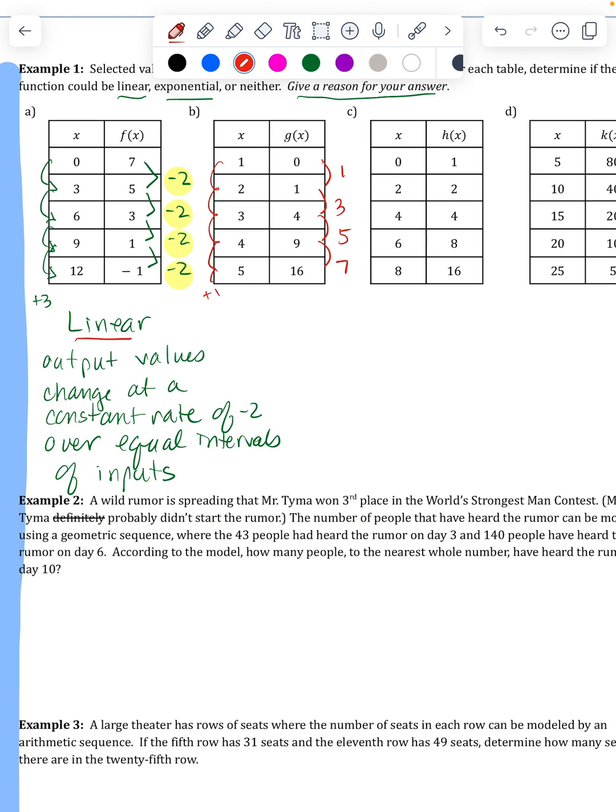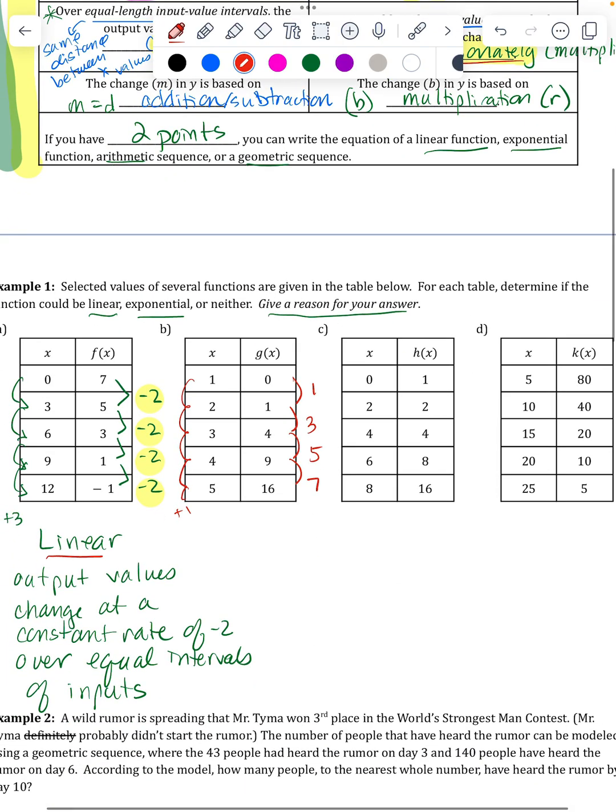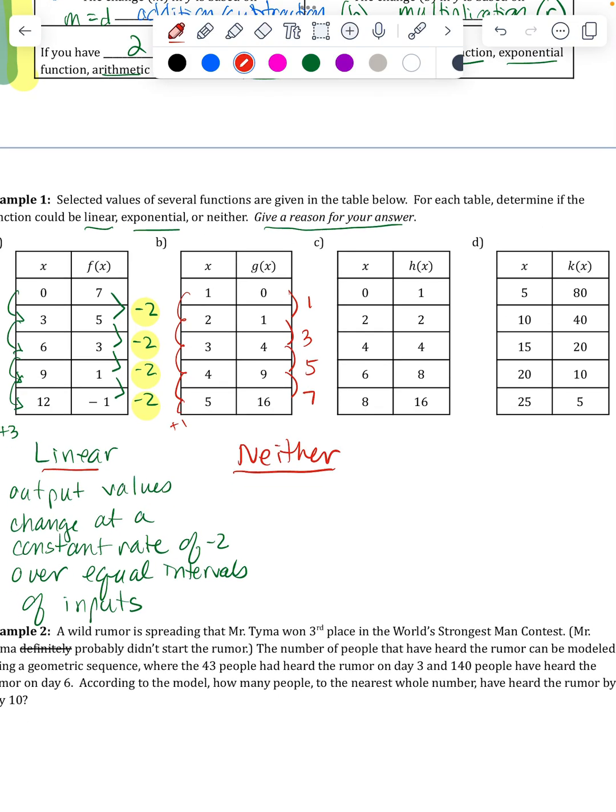They are not changing by a multiplier. I can tell what the next one would be, right? It would go up by 9. But since it is not a constant value and it's not proportional, meaning that I'm not multiplying, this is going to be neither. It has a pattern, but not every pattern has to be linear or exponential. They could be many other things.